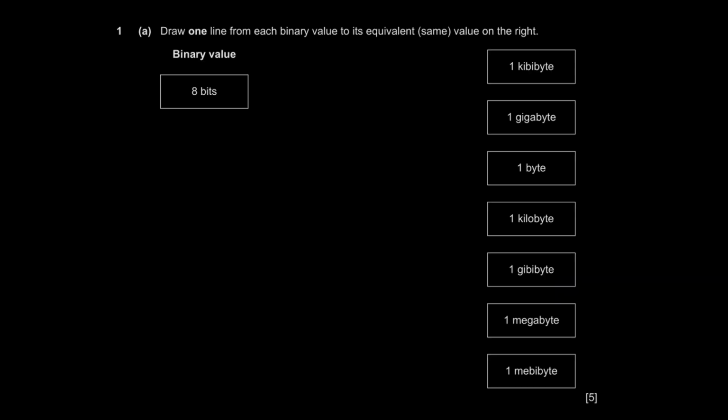Okay, at the end of this video, let's do a quick exercise together to test your knowledge. So first of all, 8 bits is equal to what on the right? Is it 1 kibibyte, gigabyte, 1 byte, kilobyte? Yeah, this is easy. So 8 bits should be 1 byte. What about 8,000 bits? This one is a bit tricky.